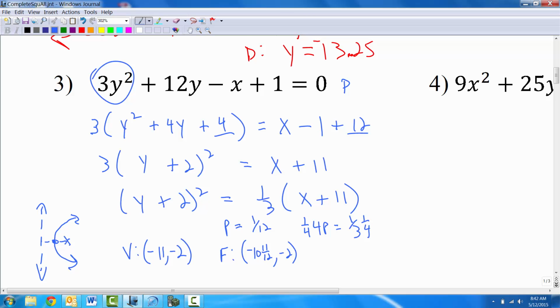That makes it go down. Well, it's not really going down, that's mathematically incorrect for me to say, but you get it. What's the directrix? What kind of line is it? It's x equals. So x equals what? -11 and 1/12 to the other side. So you could get these quite easily just by using the table once you identify P.